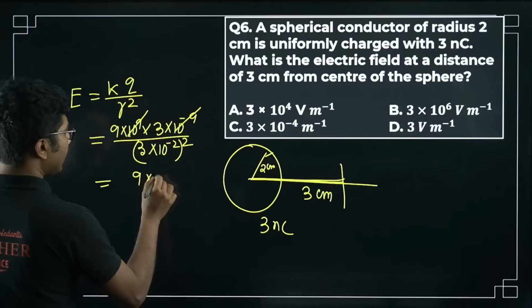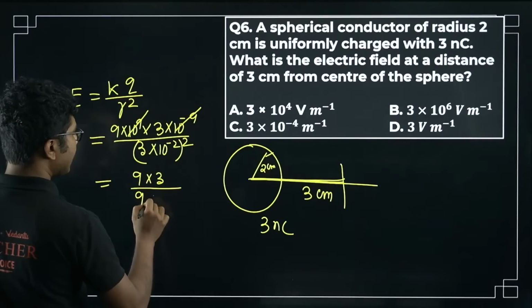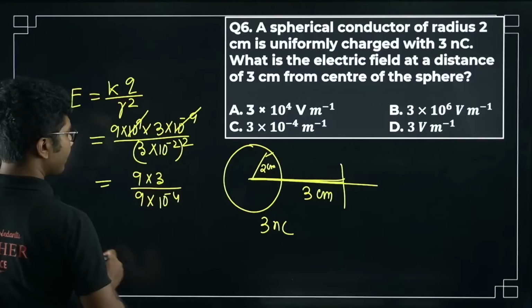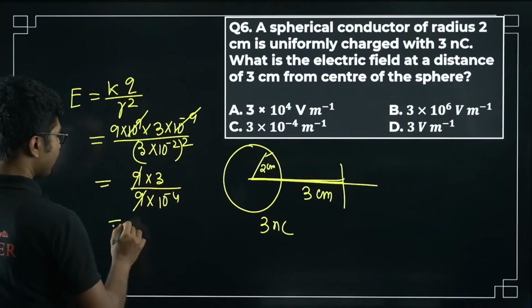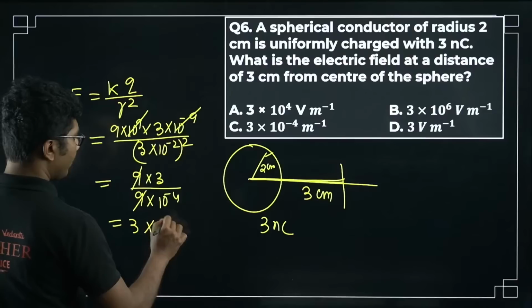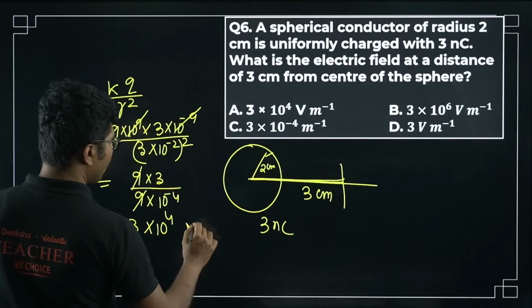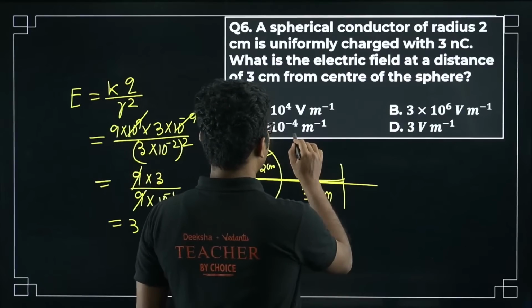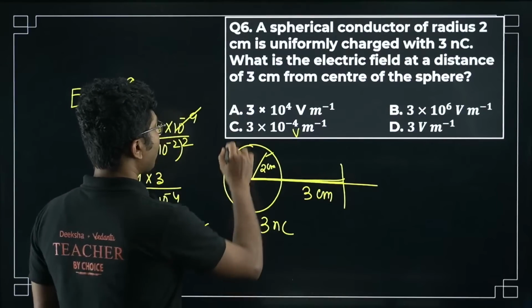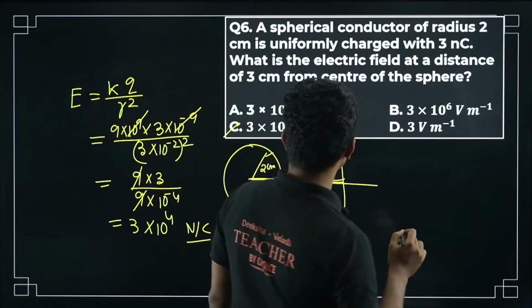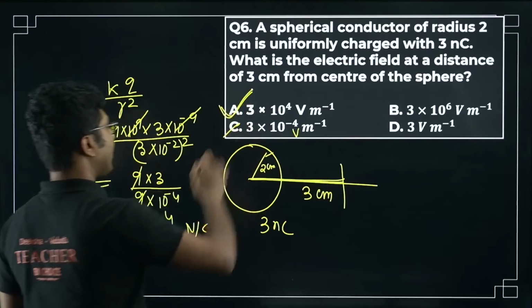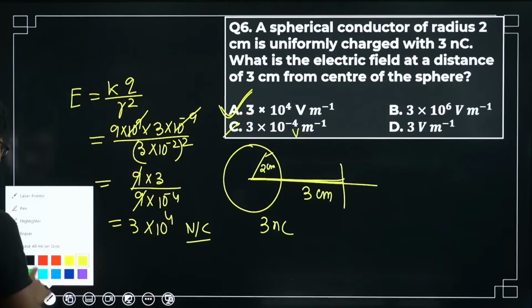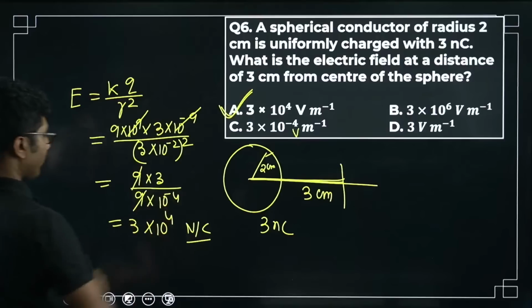We get 9 into 3 divided by 9 into 10 to the power of minus 4. 9 cancels, so you get 3 into 10 to the power of 4 Newton per Coulomb or volt per meter. This is volt per meter. 3 into 10 to the power of plus 4. So the correct answer is option A, not option C.